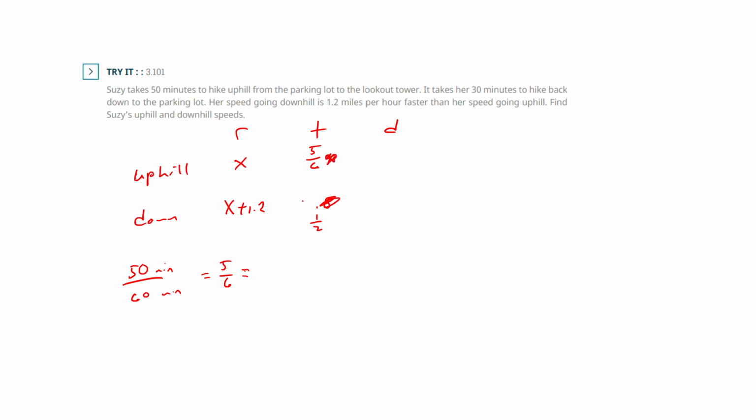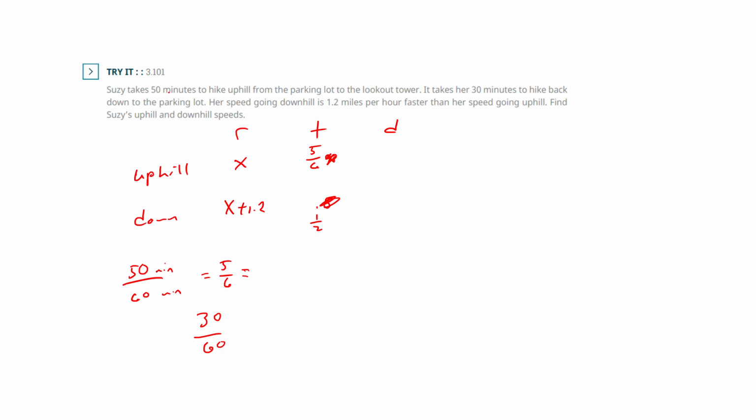Sorry, so 5/6. Let me go back through this again because I'm making this confusing. Uphill, we don't know how fast she's going. Downhill, she's 1.2 miles an hour faster. So we need our units to match. Now it was 30 minutes to go downhill. I've turned that into 30 minutes over 60 minutes to make this a fraction. So that's a half an hour, 1/2.